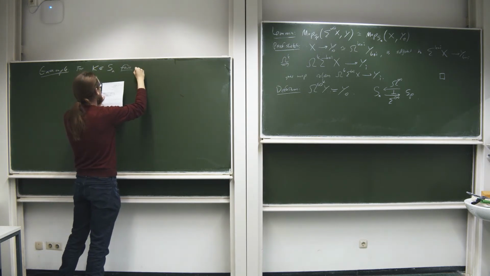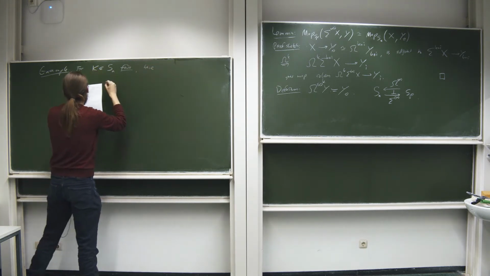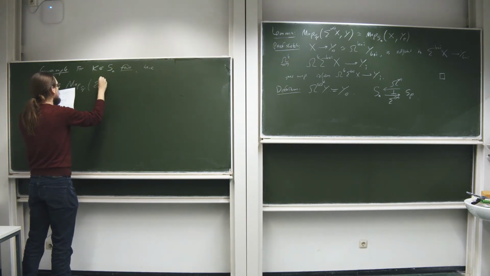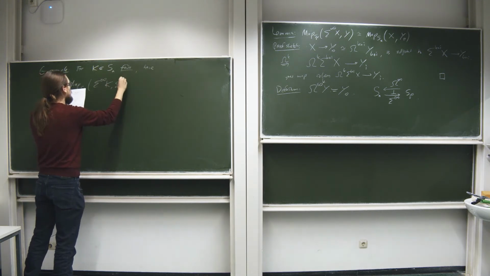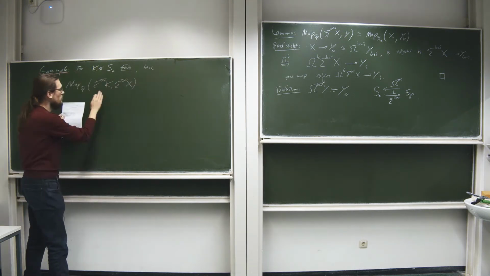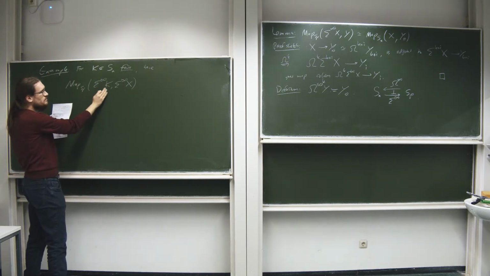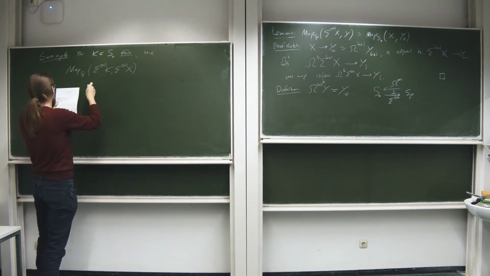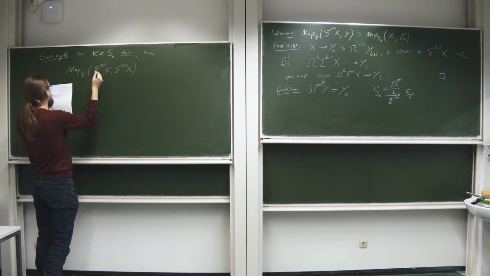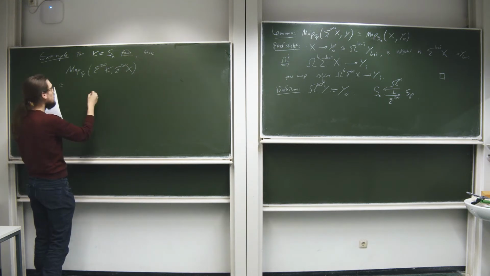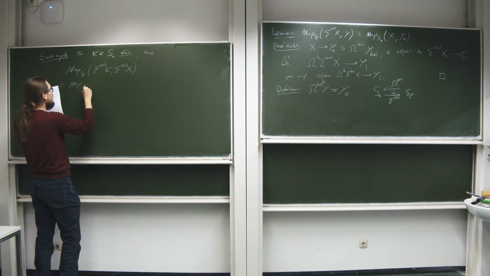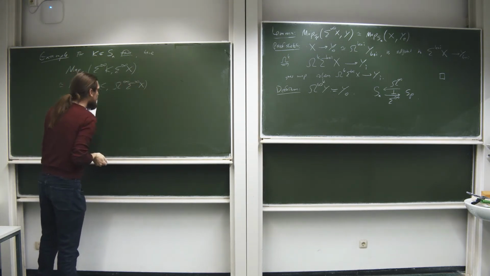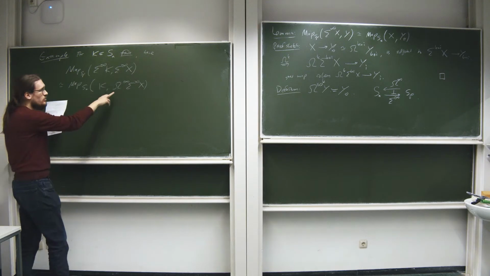We have that maps of spectra from my suspension spectrum of this finite space to the suspension spectrum of any pointed space are, by the adjunction, given by maps of pointed spaces, K to loops infinity sigma infinity X. But now remember what this means.